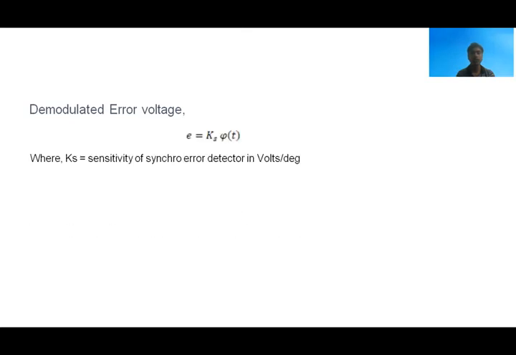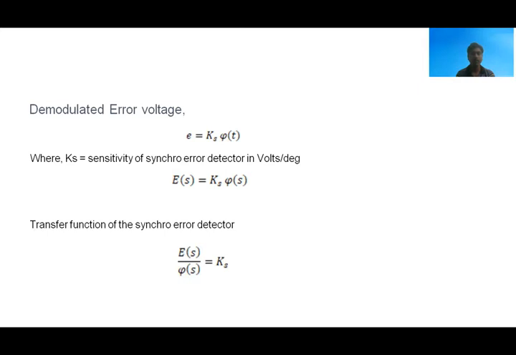Since the modulated signal is proportional to phi of t, the demodulated signal is also proportional to phi of t, and the proportionality constant is the sensitivity of the synchro error detector. Therefore, E is equal to Ks into phi of t. After taking the Laplace transform, we have E of s is equal to Ks into phi of s. Therefore, the transfer function is given by E of s by phi of s is equal to Ks.